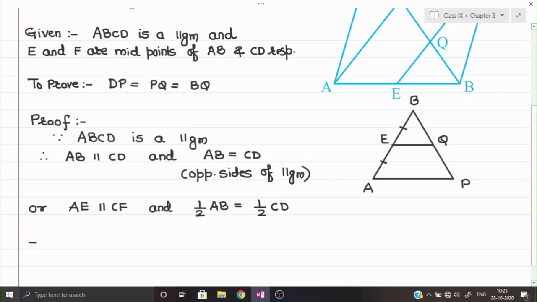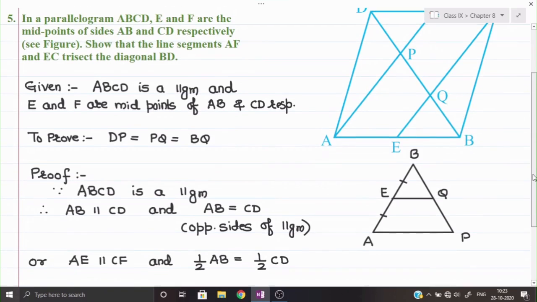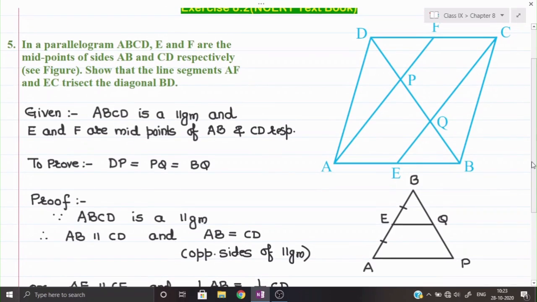Okay, and see, who will be the half of AB? Here AE parallel to CF, I am writing as it is. And if I wish to find out who will be the half of AB, observe, we have been given in the question that E is a midpoint of AB. So AE and BE both are half of AB.